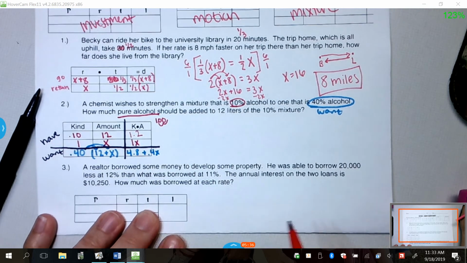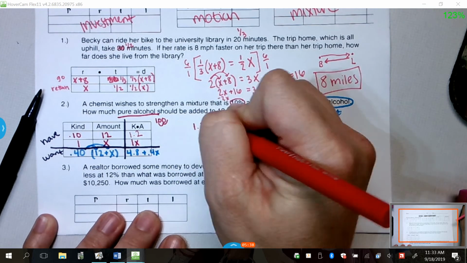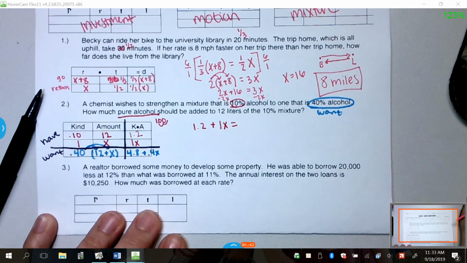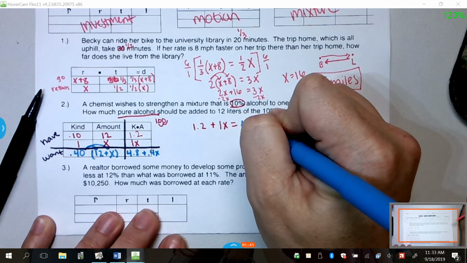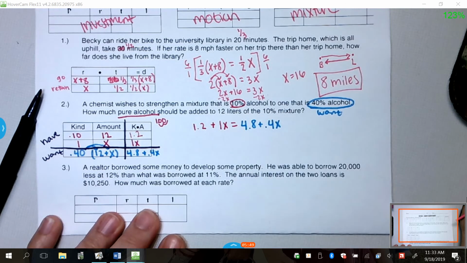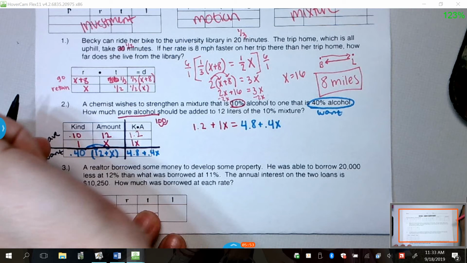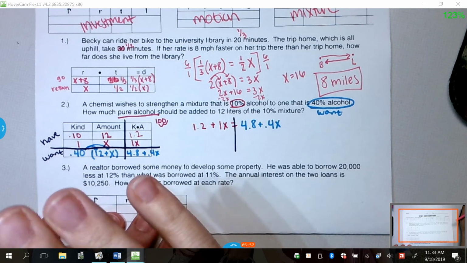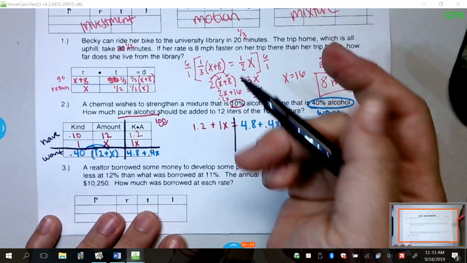So I'm taking what I have, 1.2, and I'm adding it to what else I have to create my mixture. Okay, so now that I'm solving, I need to get all my x's on one side, all of my numbers without an x on the other. So I'm going to move my smaller x first.